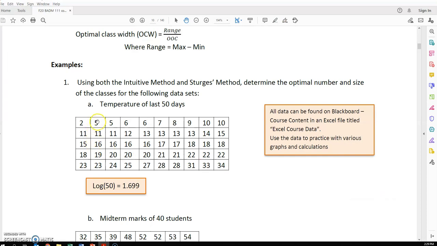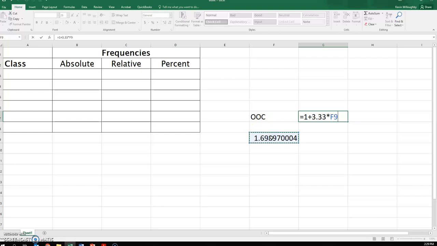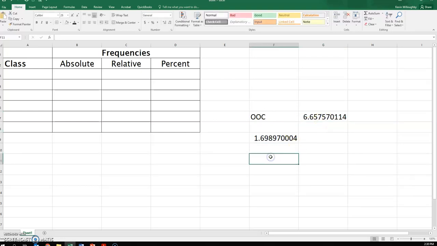In this case, we have the temperature of the last 50 days, the log number we've calculated, the highest value is 34, the lowest value is 2. What we want to do here is calculate the optimal number of classes, which is 1 plus 3.33 times log of 50, which is this number here. And we get an OOC number of 6.65.